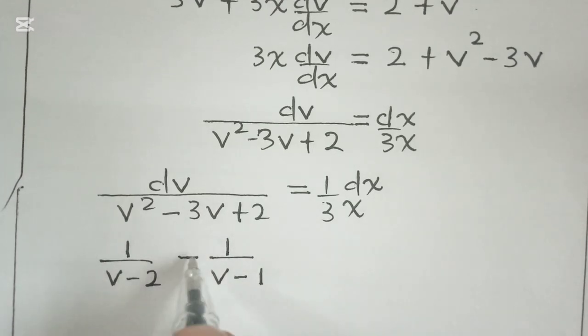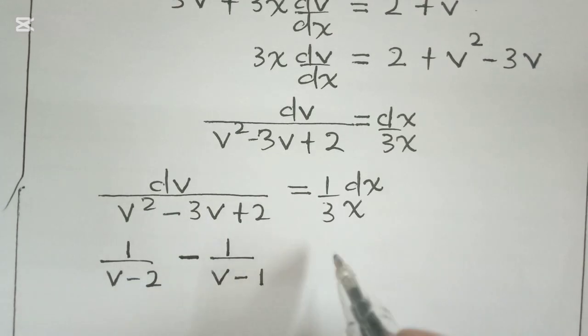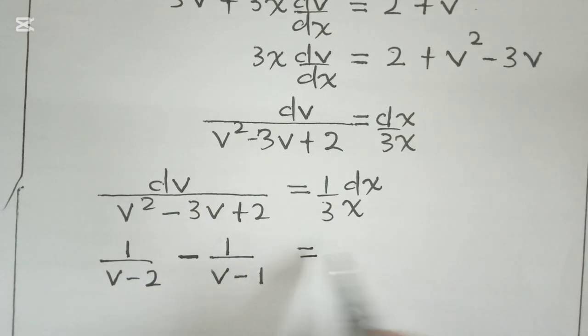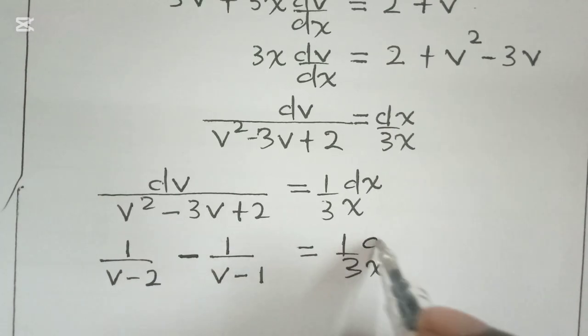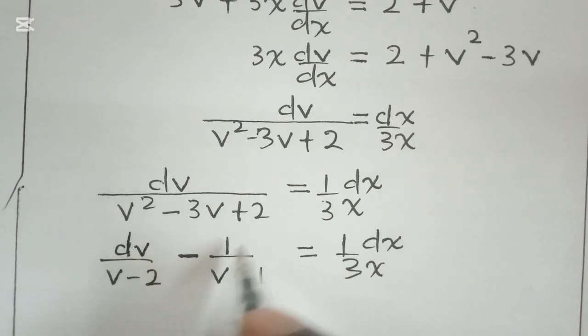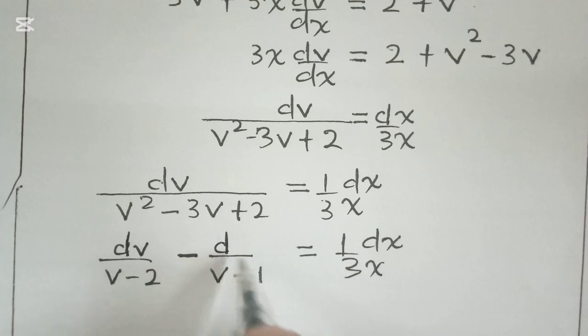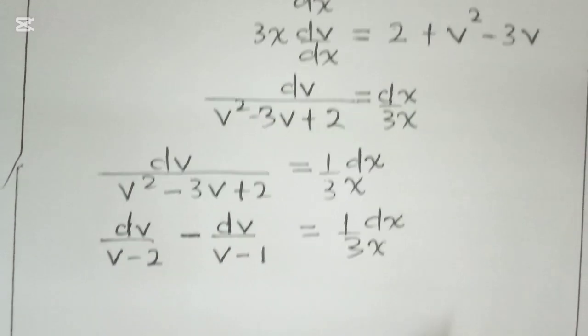You can do that and see whether you get the same results. This is equal to a third of dx over x. We can also transfer the dv here; because it's 1, it doesn't affect anything, and the same with the negative 1.